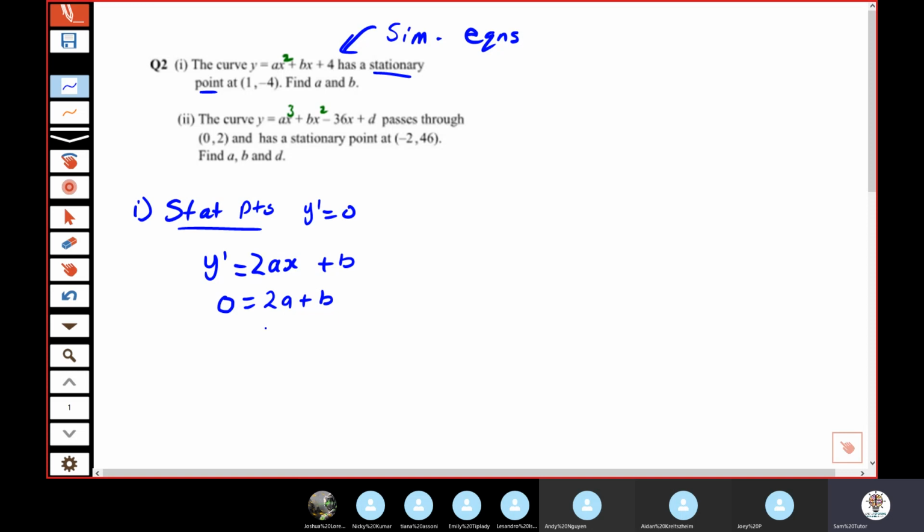What do you reckon? Okay, I'll give you a clue. Somehow we would have to sub in negative 4, which means y value is negative 4. So what do you think I'm going to say to do then? If y is negative 4, x is 1.